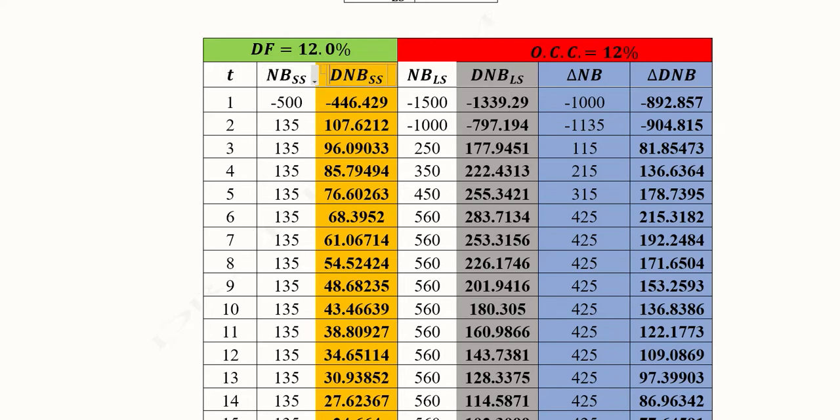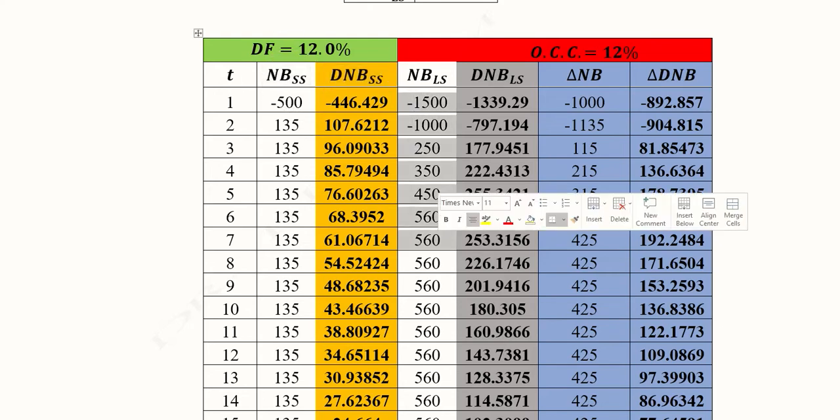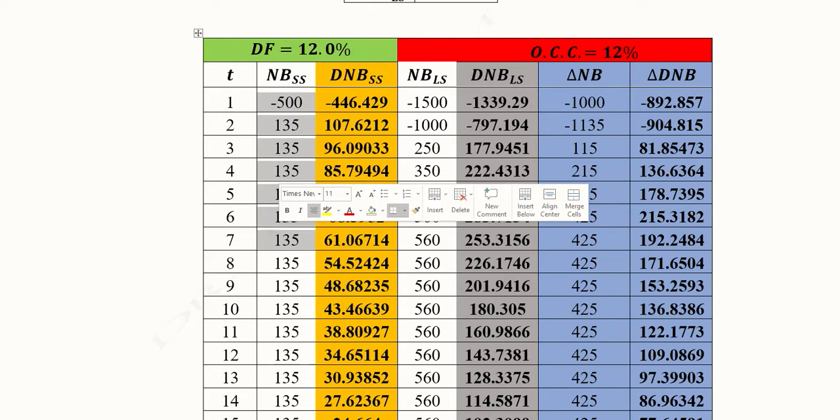I have calculated the discounted versions of the net benefits of the small scale project, the net benefits of the large scale project, and the net benefits of the difference of the two, that is, net benefits of the large scale minus net benefits of the small scale project. We will place the large scale project before the small scale project because its values are greater than that of the small scale project.